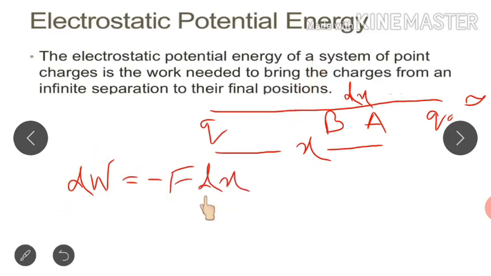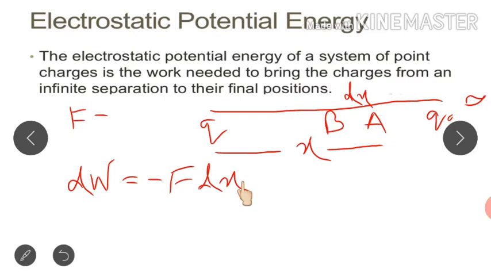Because we know work done is the dot product of force and displacement, that is F ds cos theta. Here theta is 180 degrees because force is in this direction and we are moving the charge in this direction. So theta is equal to 180 degrees and cos 180 degrees is minus 1. So finally dw is equal to minus F dx. And what is F?